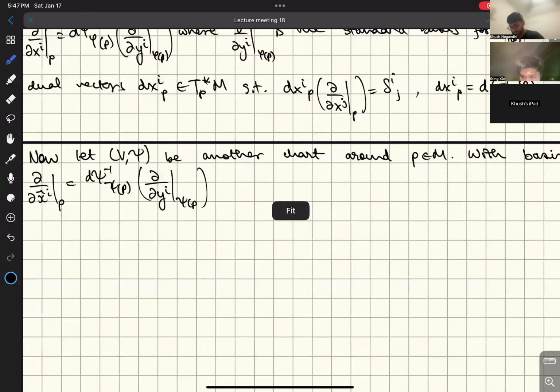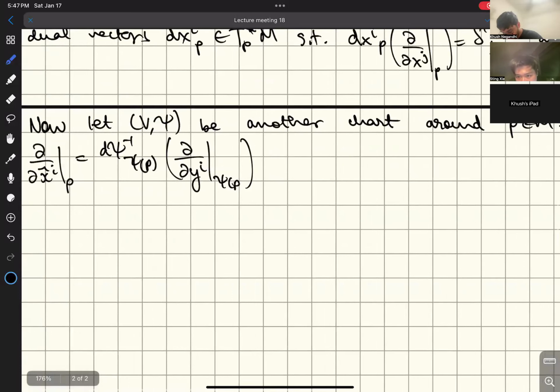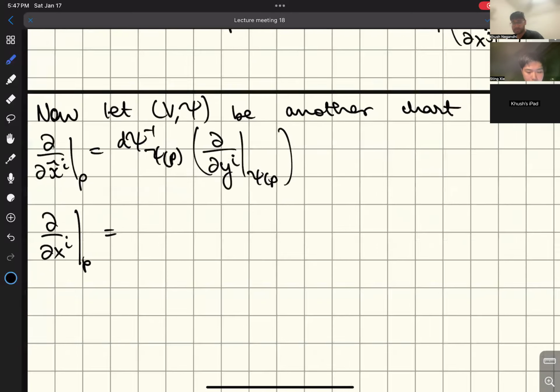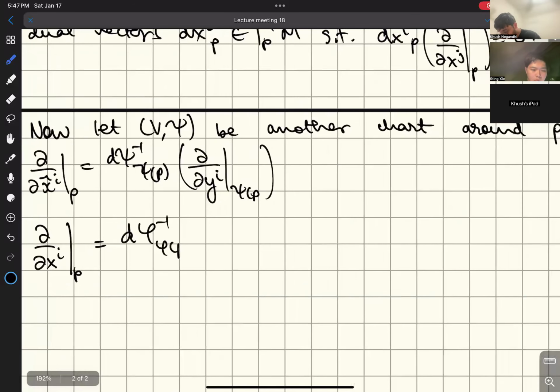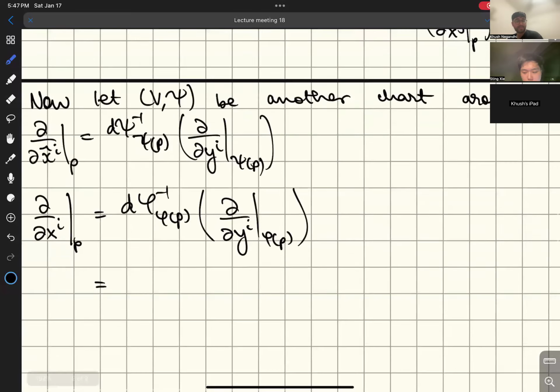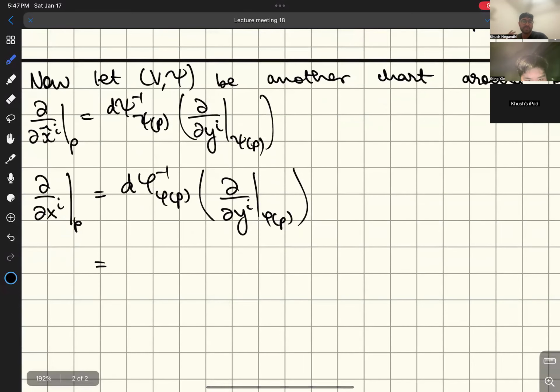So partial x_i at P is equal to d of phi inverse at phi of P of partial y_i, the usual. Now the idea is I'm going to use the chain rule.